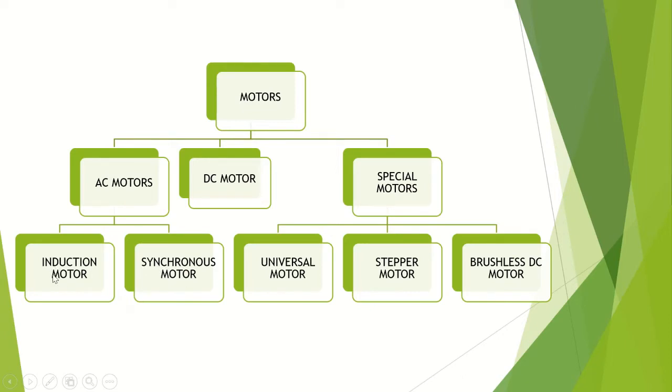If the rotor is not rotating with the synchronous speed of the stator, it is called an induction motor. In special motors, there are three motors here: universal motor, stepper motor, and brushless DC motor. Many special motors exist, but I have mentioned only three here. For control applications, we use these three special motors.